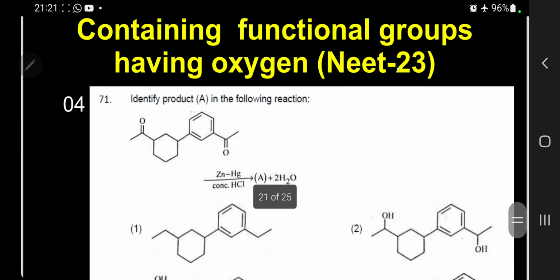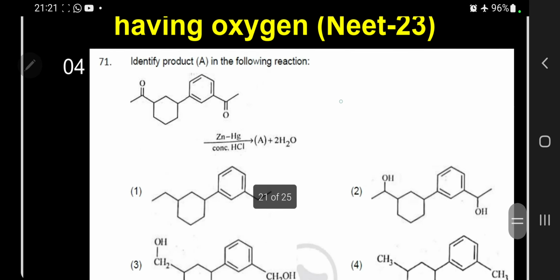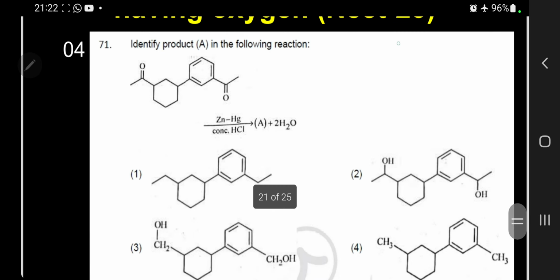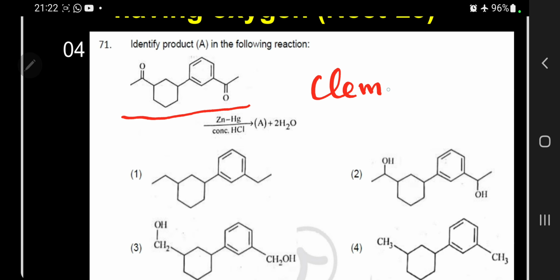Question number 4, that is asked in NEET 23. Kindly follow. Here, the interesting information, kindly follow. This is based on the famous reaction, Clemmensen reduction.